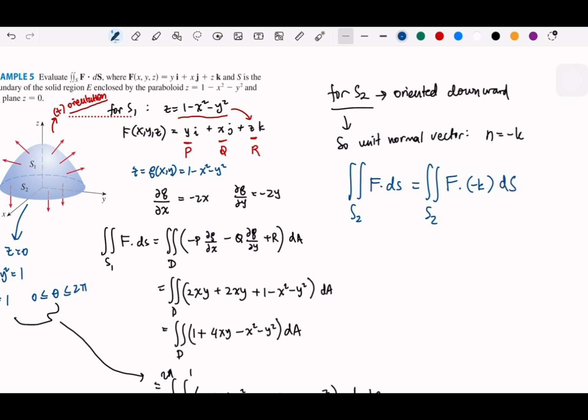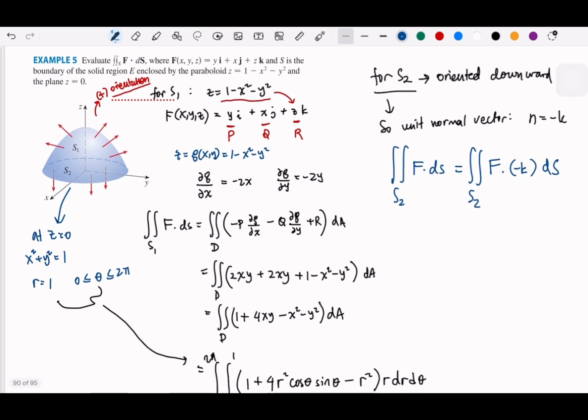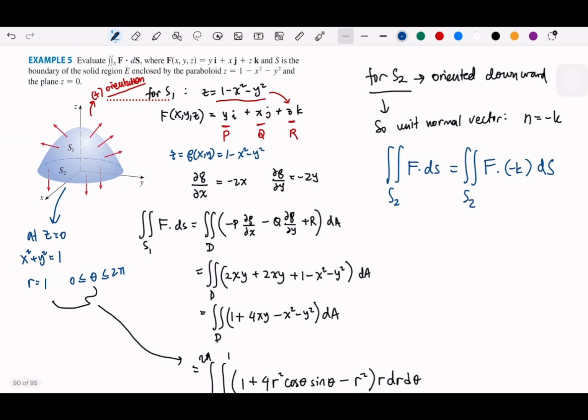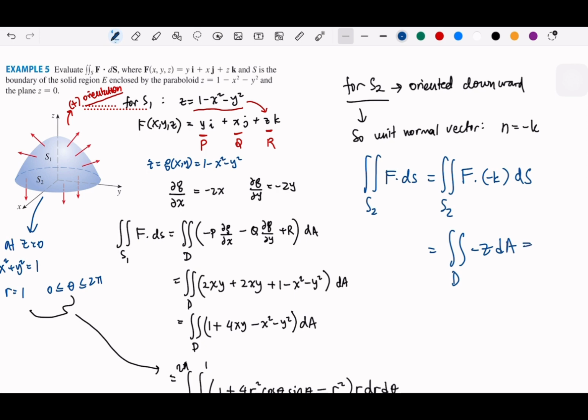So negative k, if we dot F, which will have y, x, z for each one of the components, this will result in only z, right? So this will be negative z dA. And since z is equal to 0 for the plane, we know that this will be 0.